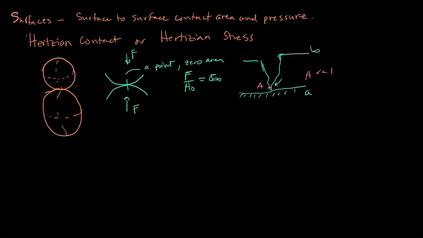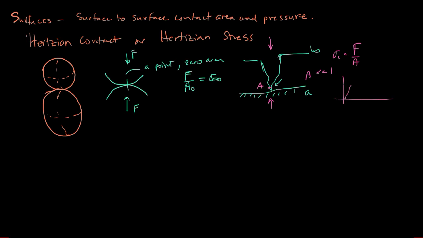Let's say it's really, really small. If we have a load between these two surfaces, that load's going to go across that area. Think about that in terms of the axial stress, the force over the area.